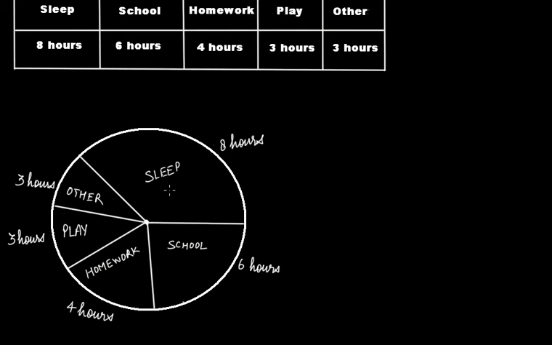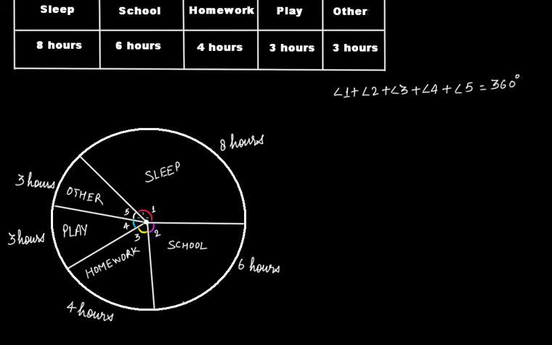In that case, what you do is, if I take this angle of this sector, this angle of the homework sector, this angle of the play sector, and the remaining one is this one, and we represent them as 1, 2, 3, 4, 5, tell me, will angle 1 plus angle 2 plus angle 3 plus angle 4 plus angle 5 be equal to 360 degrees or not?